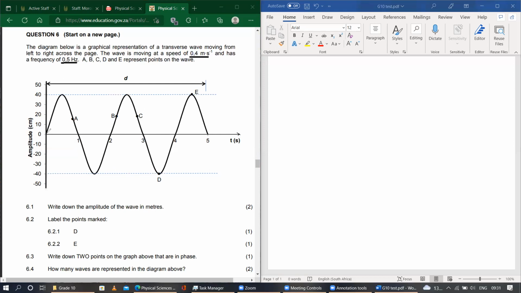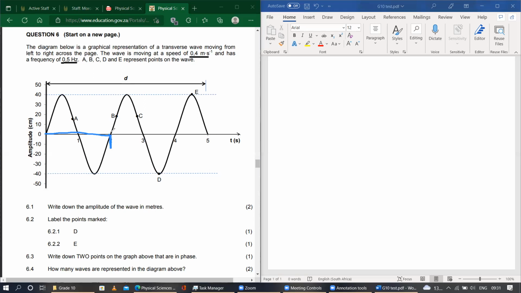So from looking at this, you can find the period, the time it takes for one full wave to be completed. Let me just choose a different color. Look at this wave. It's going to start here, then it's going to end here.